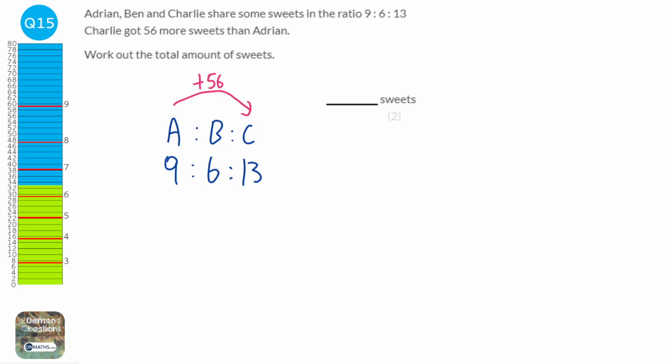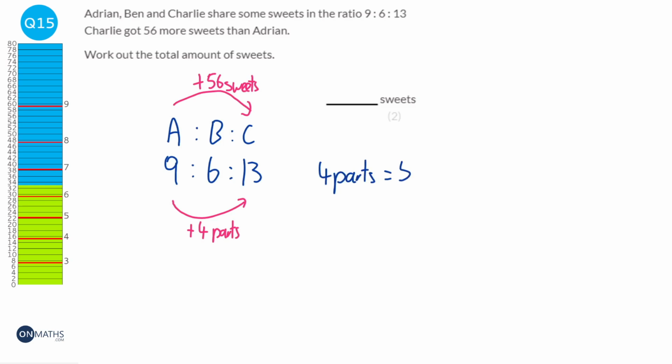Well, looking at the actual parts of the ratio, there are 4 more parts, which represents plus 56 sweets. So the 4 extra parts are worth 56 sweets. So 1 part would be 56 divided by 4, which is 14 sweets.